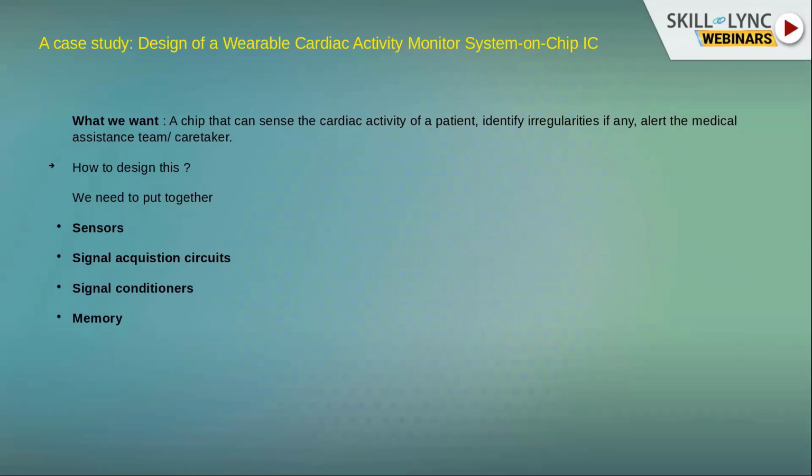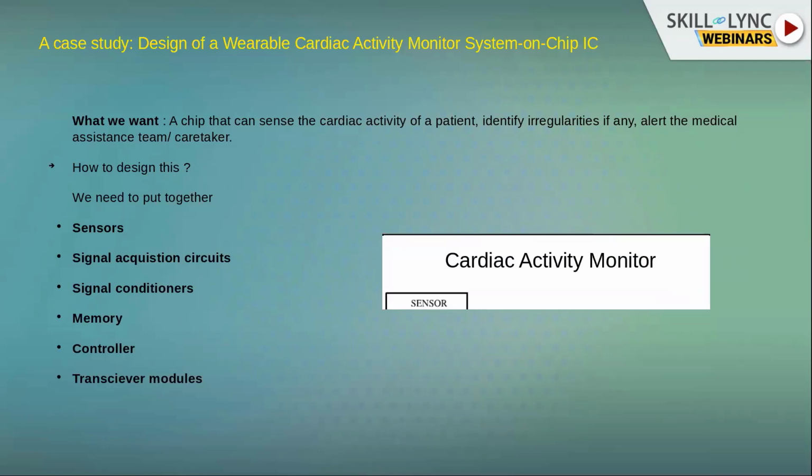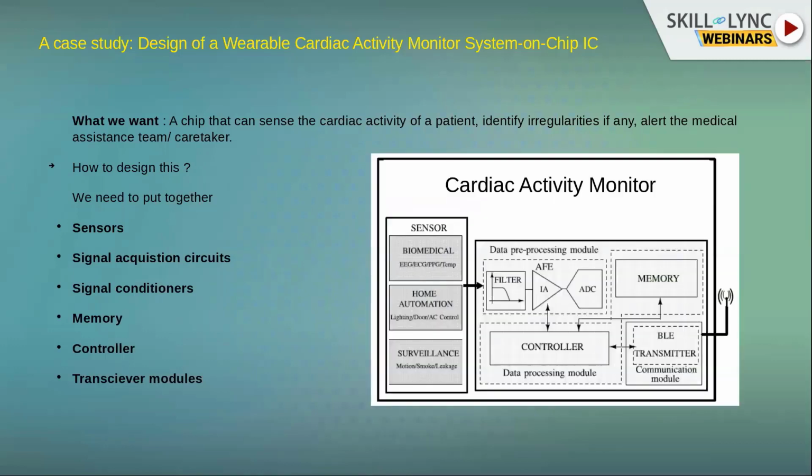We need some memory also to store the data, and we need a controller which controls the operation of each and every single block of this entire cardiac activity monitor system. And obviously, we need transceiver modules to transmit the data acquired by the sensors to the medical team. So this can be a probable system that works well to achieve what we want.